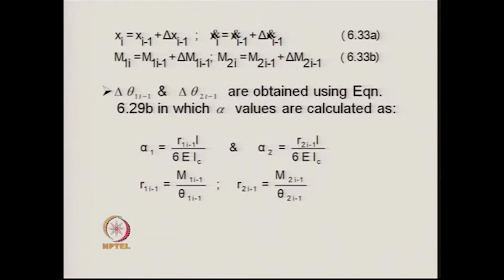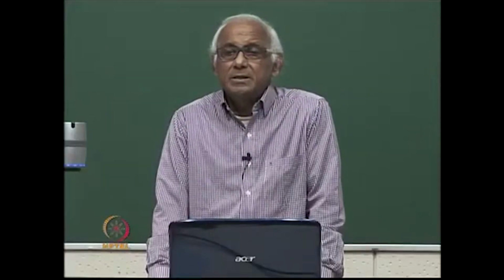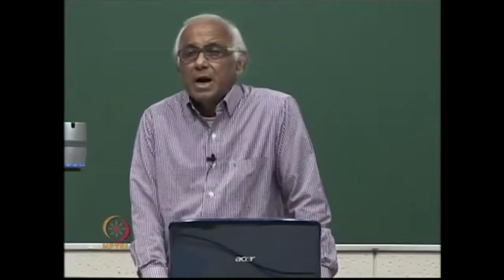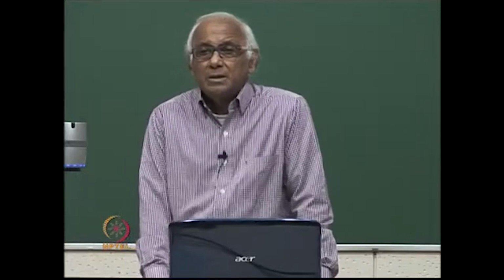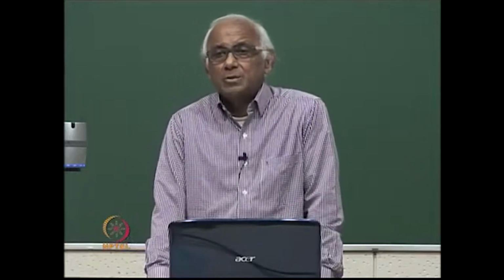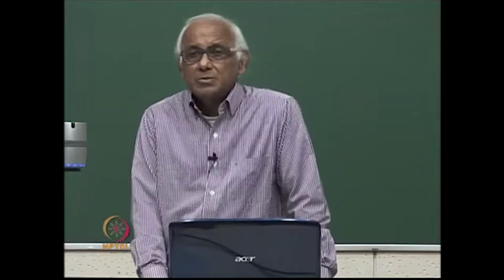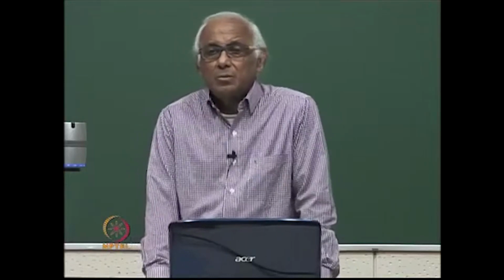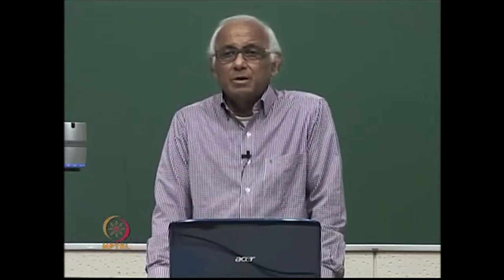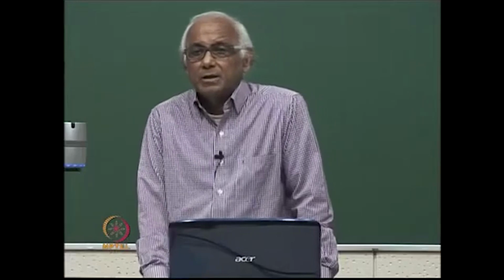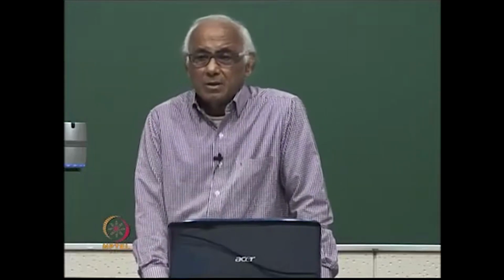That we have derived before. And the values of r 1 I minus 1 and r 2 I minus 1 are obtained from the moment that is existing at the I minus 1th time step, and the rotation is also known at the I minus 1th time step. So, by dividing the moment by the rotation, we can get the value of r 1 I minus 1.